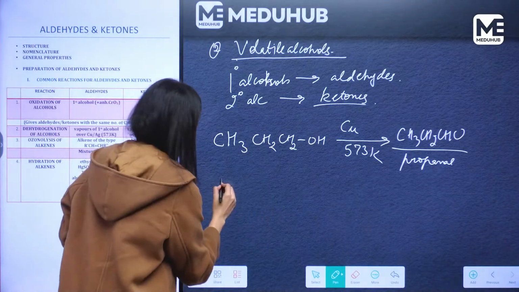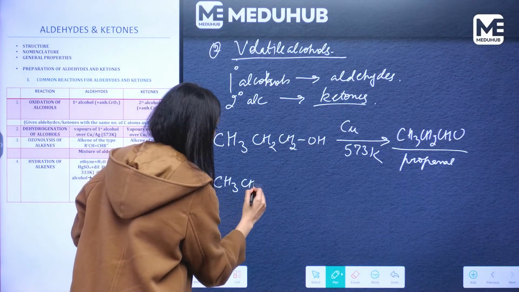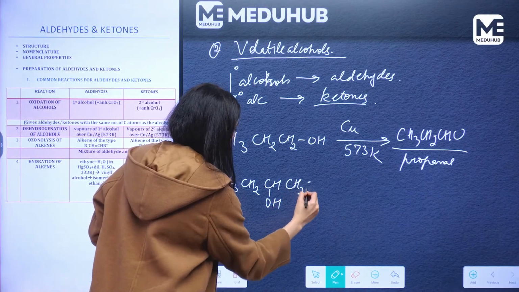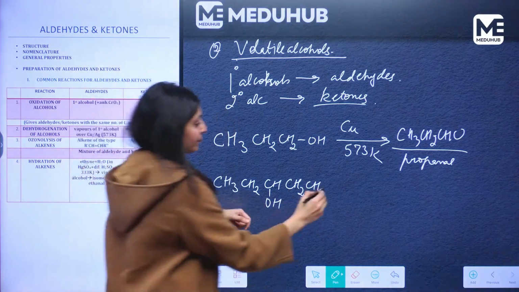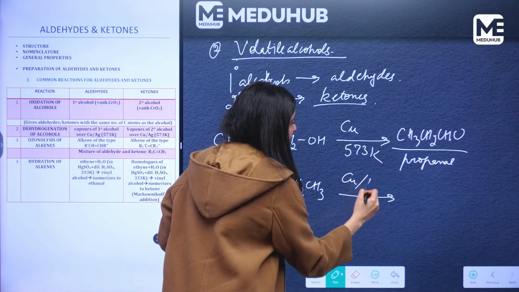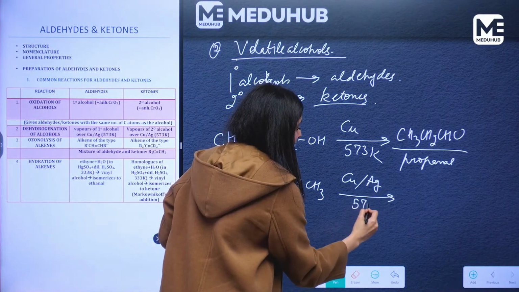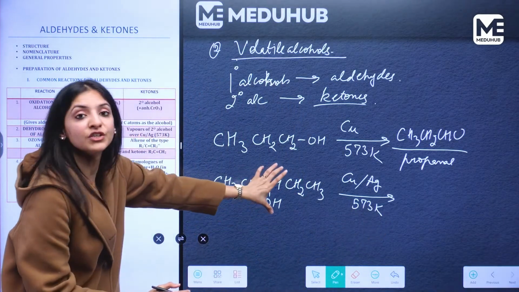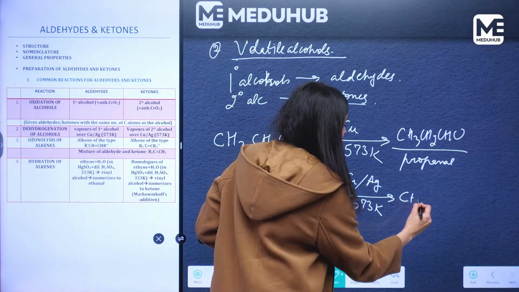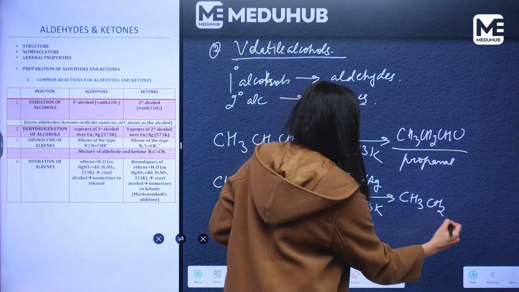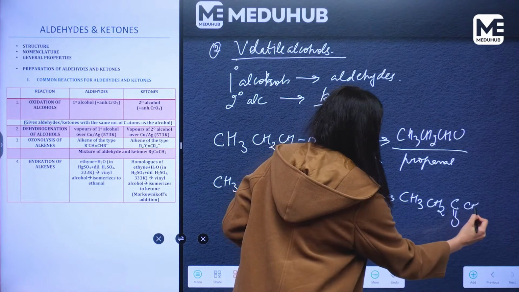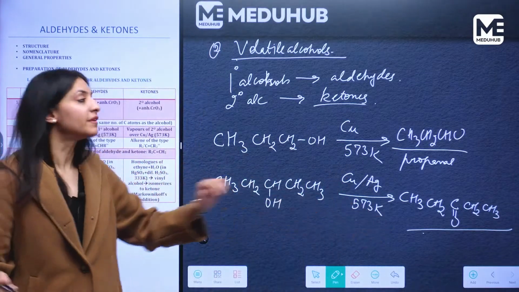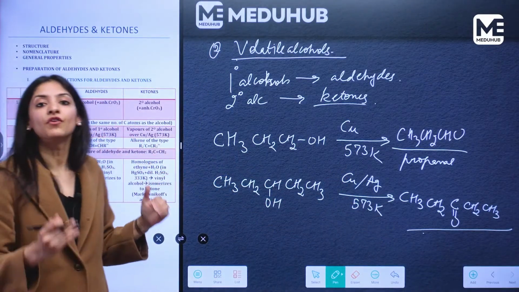And if we have a 2 degree alcohol, CH3CH2CHOHCH2CH3 here, when passed over copper or silver at 573 Kelvin, we will get a ketone, and this carbon here will get converted to a carbonyl carbon. So this will be CH3CH2C=OCH2CH3. This is a ketone right here. So these are the two methods of oxidation.